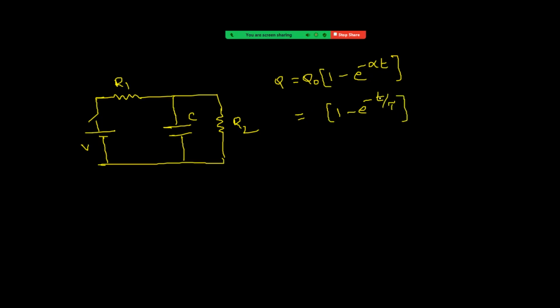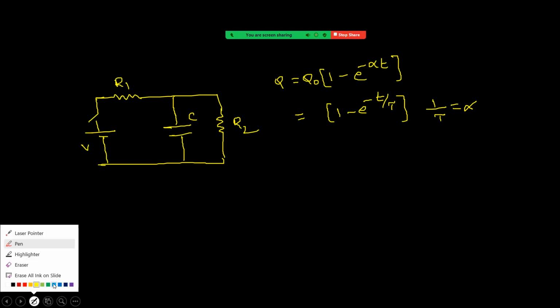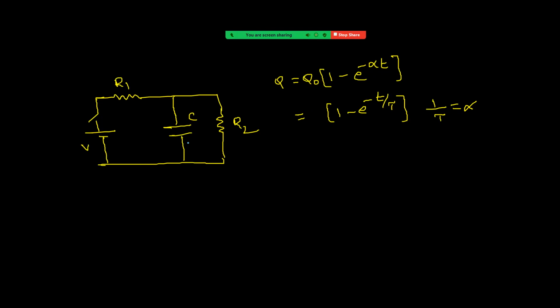That means here, what is alpha? 1 by tau is nothing but alpha, right? Okay, now how to find the time constant? Across the capacitor, we have to find out what the equivalent resistance is.